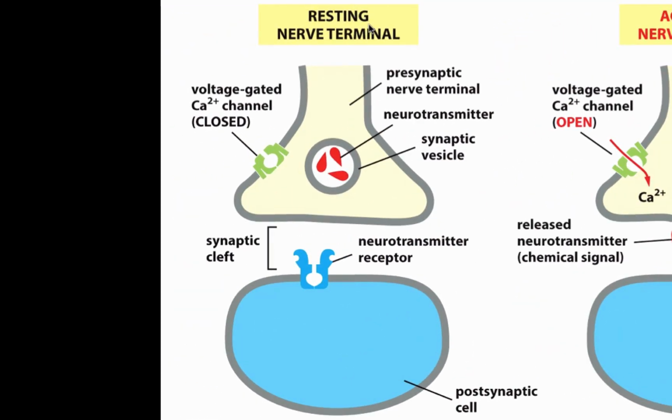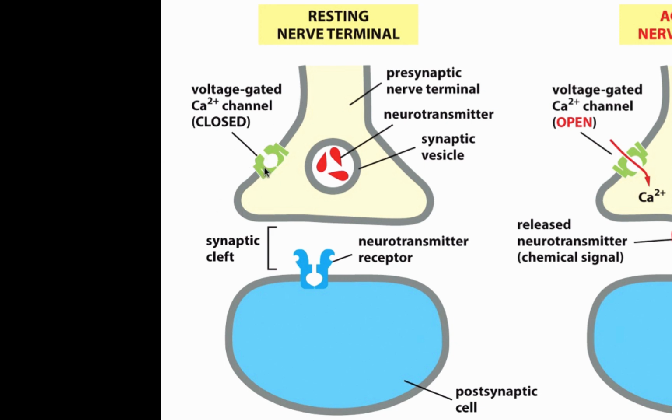So now, at a resting neuron terminal, we have the axon terminal, and the axon terminal, as we mentioned, has presynaptic vesicles full of neurotransmitters. But they also contain a different kind of voltage-gated channel.